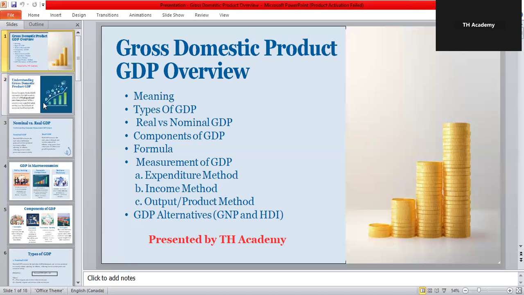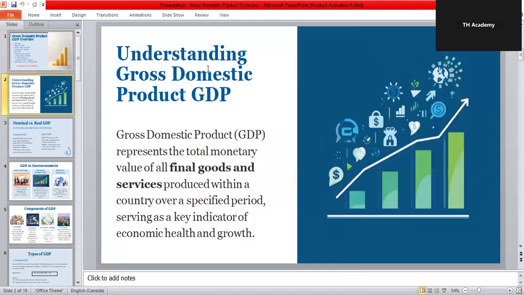Now, understanding GDP, gross domestic product. What exactly does GDP show us? GDP represents the total value of everything produced in a country. That includes cars, clothes, phones, education, healthcare, everything made or provided within that nation's border.